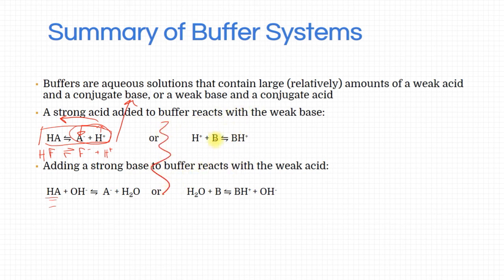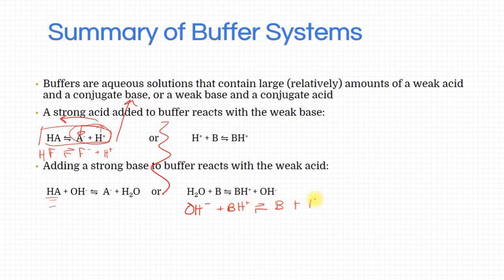And then in our base buffer system, if I add acid, it's going to react with the base to make the conjugate. And if I add a base, the hydroxide is going to react with the conjugate and form more of the original base, right? So really the reaction that would be happening would be the reverse one, like this.